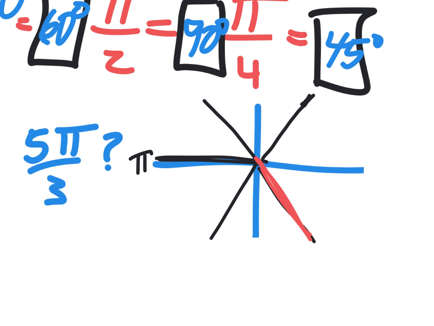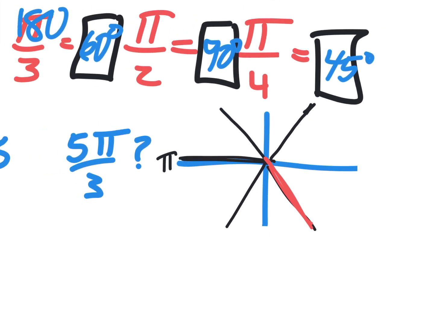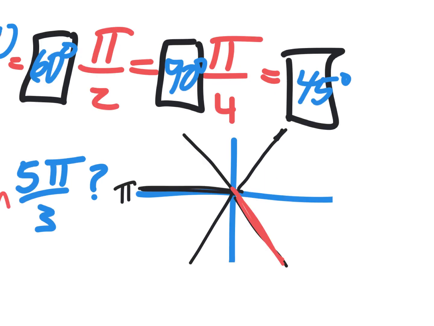Now, would you please figure out what sine of 5 pi over 3 is? To do that, you'll need to make the reference triangle. But what is sine of 5 pi over 3? I'll pause for a second and give that a try. Okay, let's see if we got the same thing. I make my triangle like this, and then what kind of triangle?